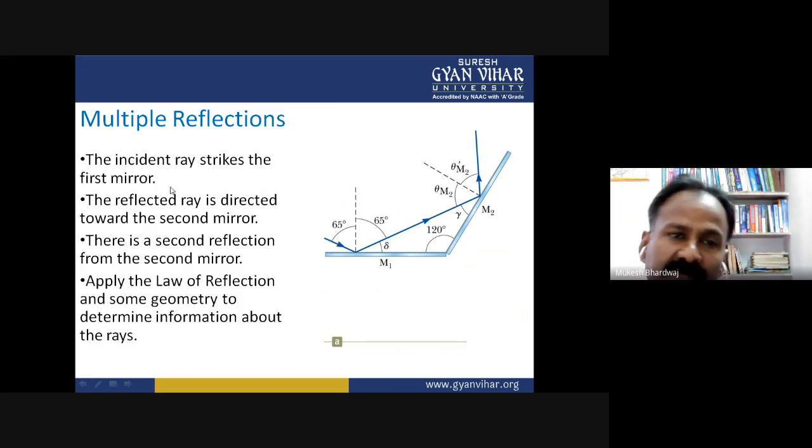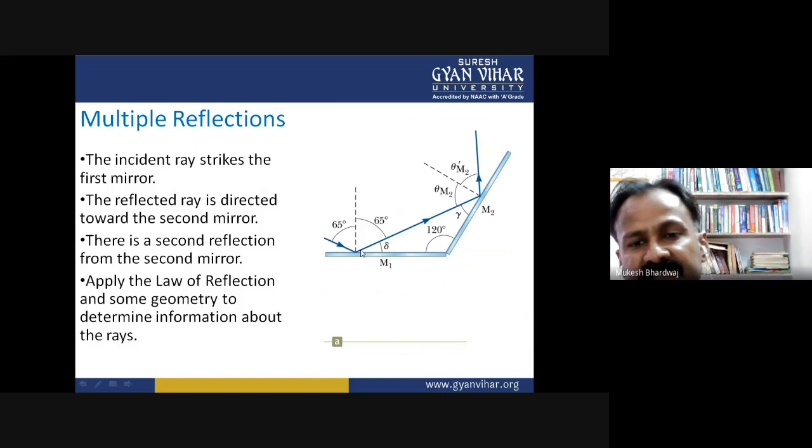So this is the multiple reflection phenomenon which you see in the figure. A ray is incident on the first mirror, then the reflected ray is incident on the second mirror, which is just like an incident ray for M2, and then from M2 one ray is reflected with theta dash M2 angle.